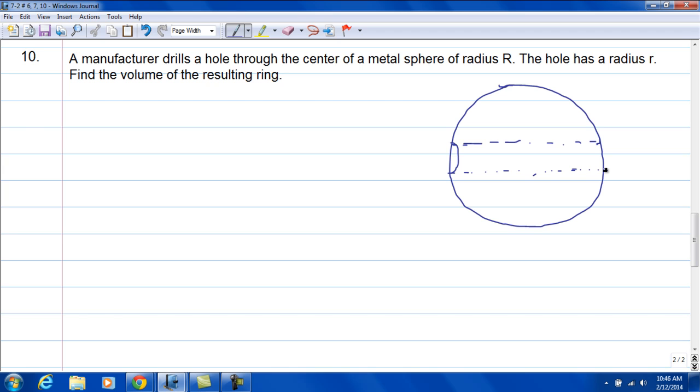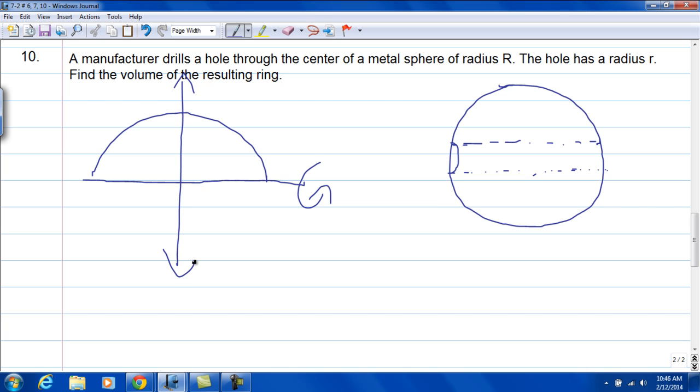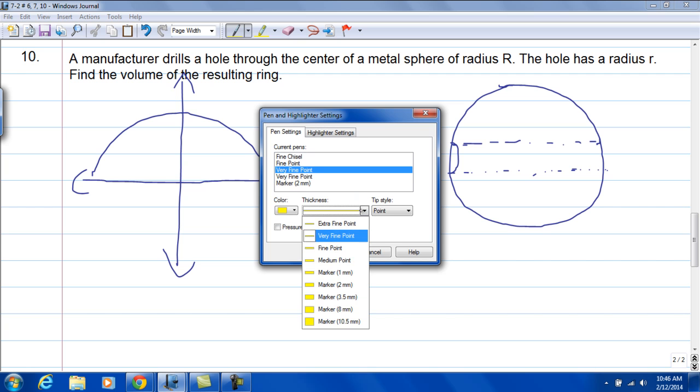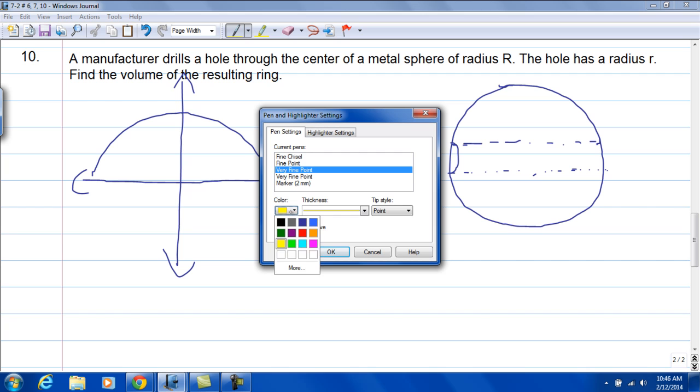One way to visualize this problem is that of a semicircle, and it's rotated about the x-axis. Might as well center this here. I want to change colors, from yellow, let's go to maybe orange.